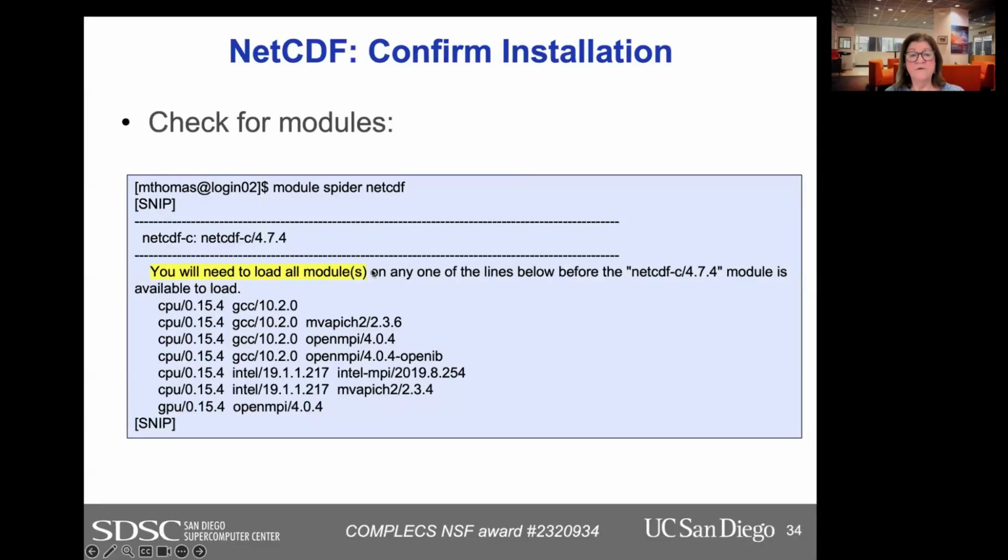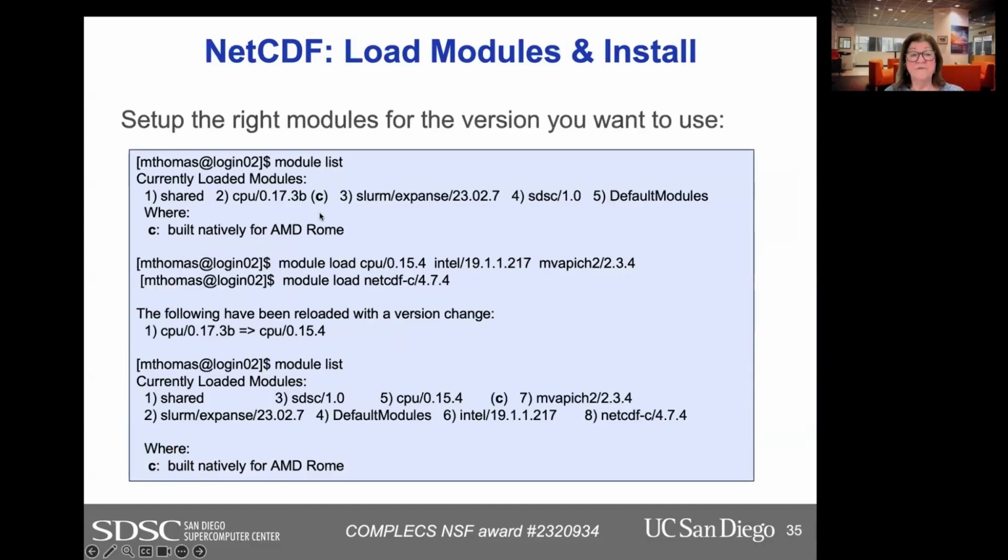So again, you need to load all the modules. So the first thing you might do is module spider netcdf. There's all kinds of versions that are available, and all kinds of combinations of the CPUs, the compilers, and the MPI that you want to use. I found a simple one that worked, but if you're having trouble and you need to do this, reach out to the help desk. So I'm listing the modules I've got.